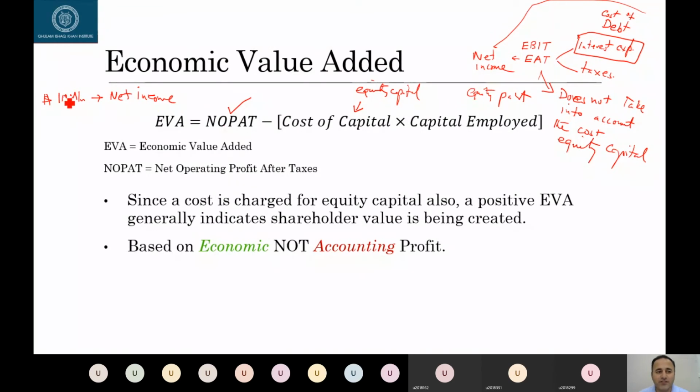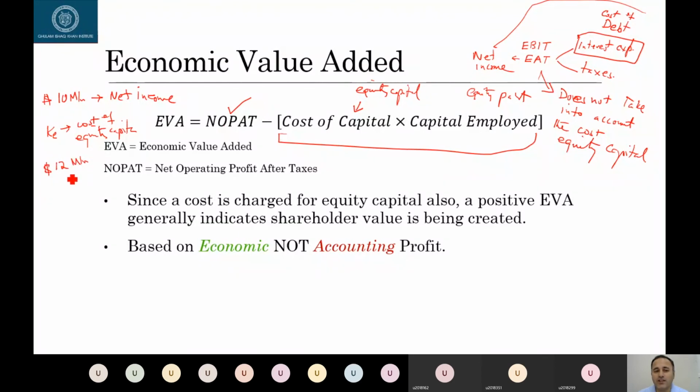This is not a very simple answer, because the first thing you should ask yourself is, is this $10 million adding any economic value to the company? What if the cost of equity capital, which is this part, is, let's say, $12 million?